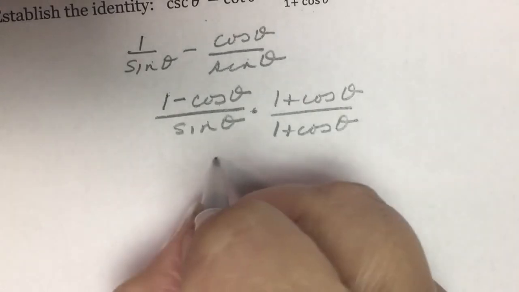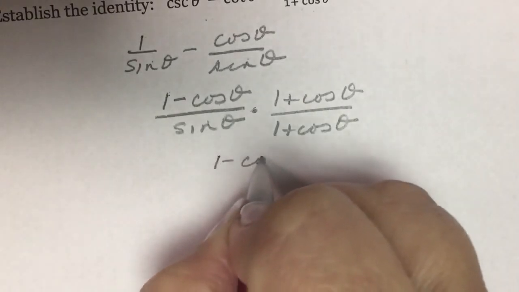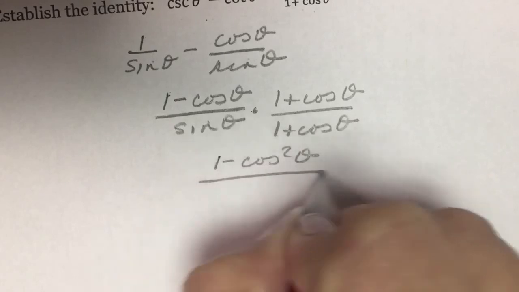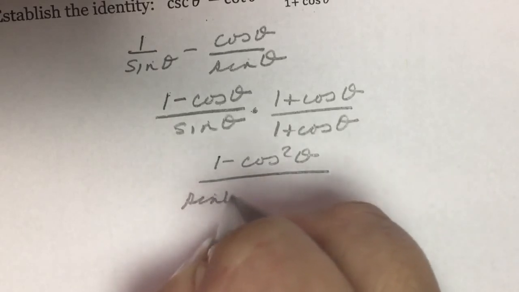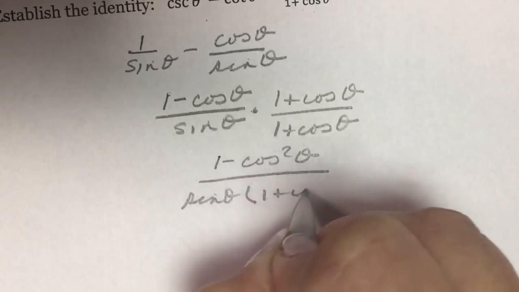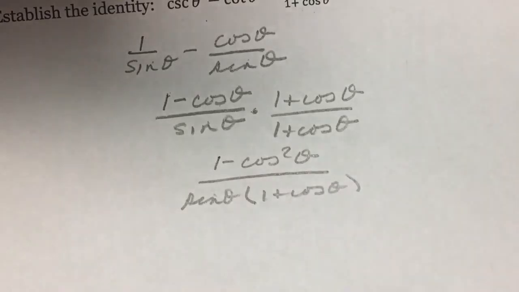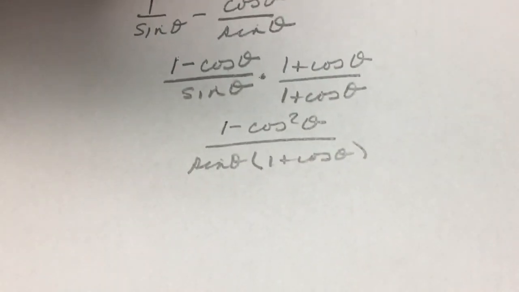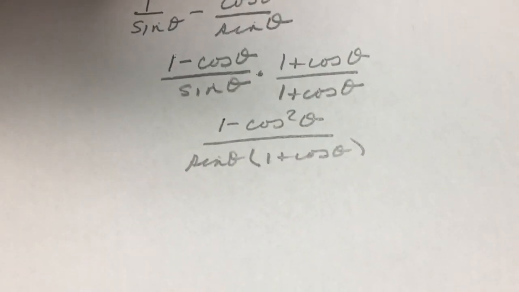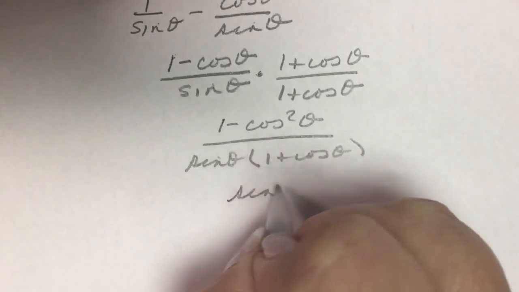Let's see what that does for me. Well, the top gives me 1 minus cosine squared theta over sine theta times 1 plus cosine theta. Well, what is 1 minus cosine squared theta the same as? It is the same as sine squared theta.